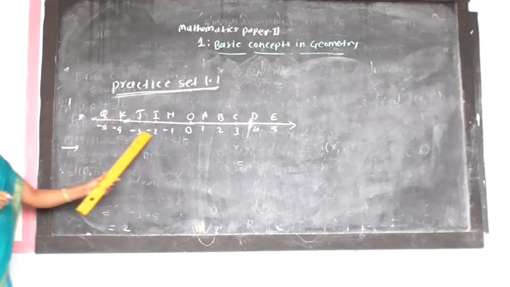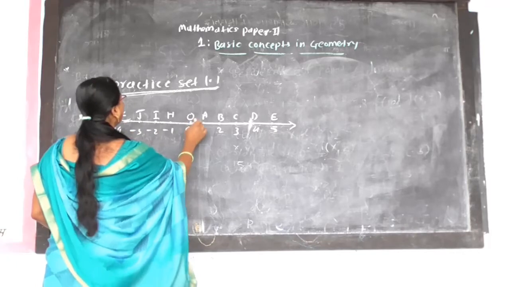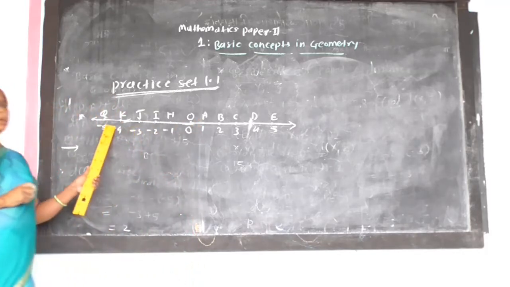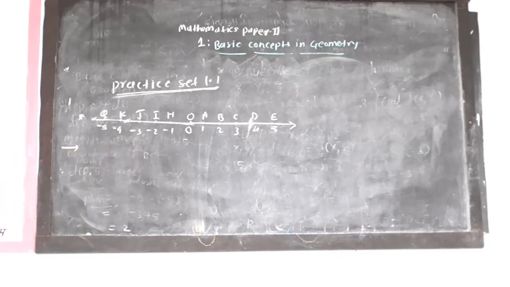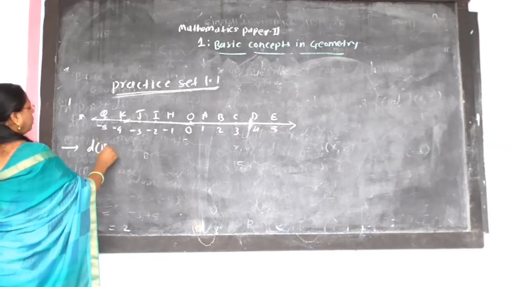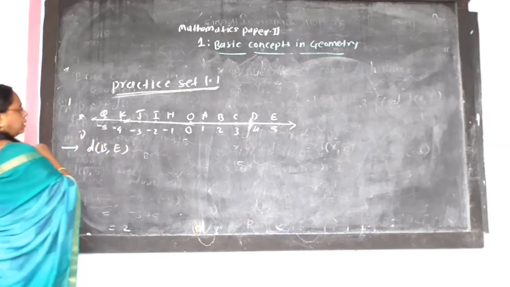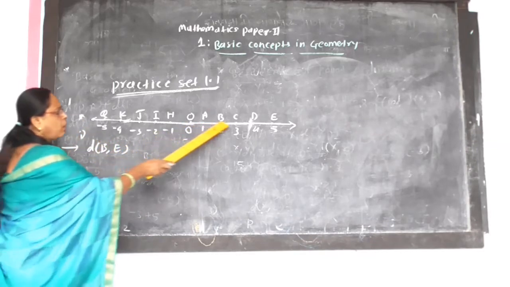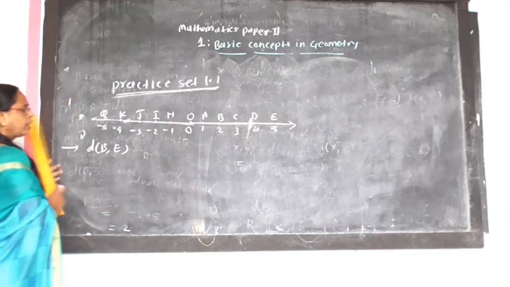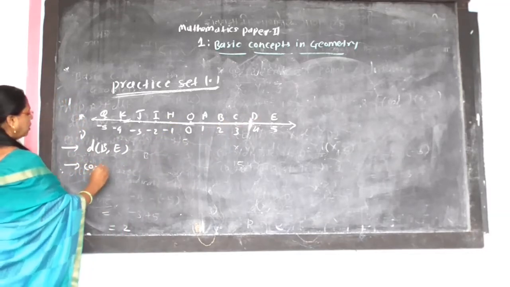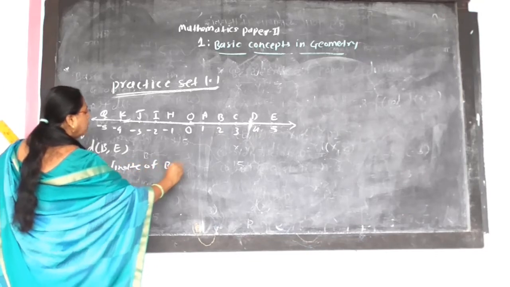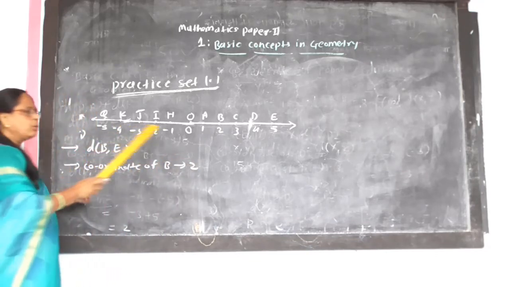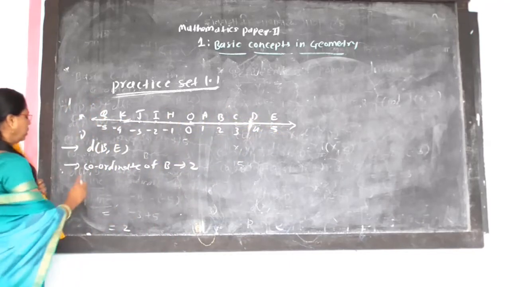The first example in Practice Set 1.1: with the help of the number line, find the distance from B to E. On the number line, the coordinate of B is 2 and the coordinate of E is 5.